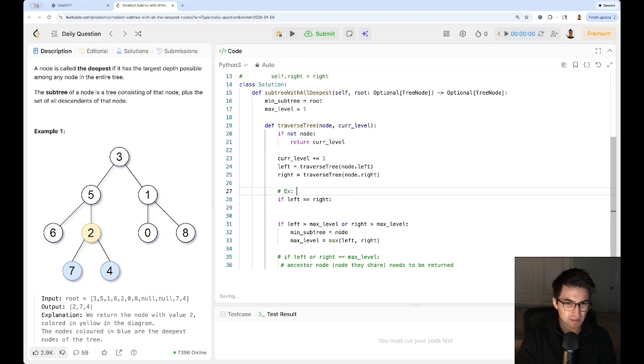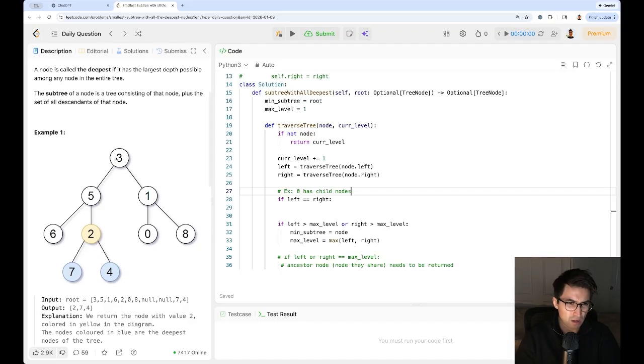Example that 0 has child nodes. This would have 4, and then this would have 4.